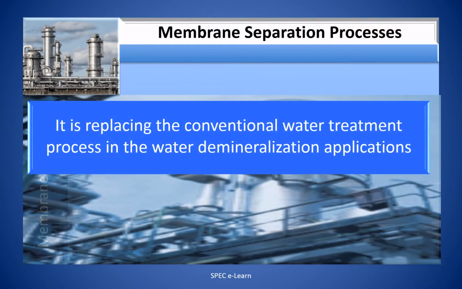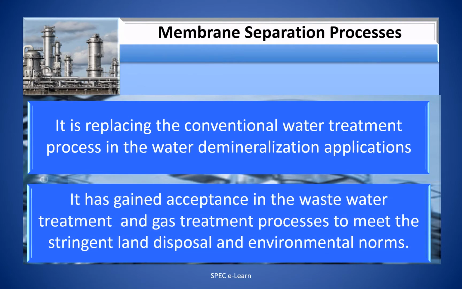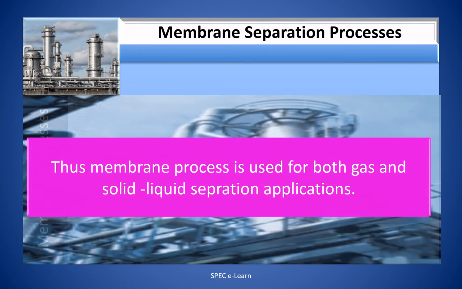It is replacing the conventional water treatment processes in the water demineralization applications. It has gained acceptance in the wastewater treatment and gas treatment processes to meet the stringent land disposal and environmental norms. Thus, the membrane process is used for both gas and solid liquid separation applications.